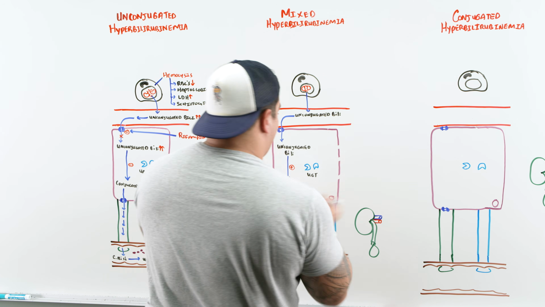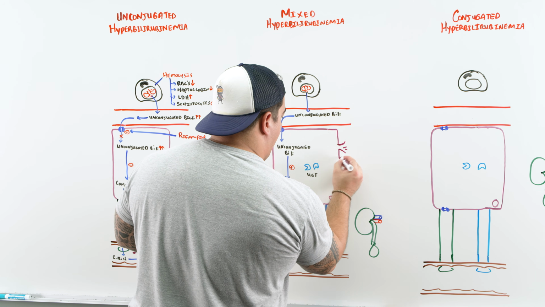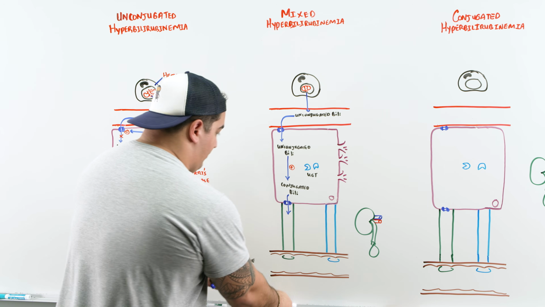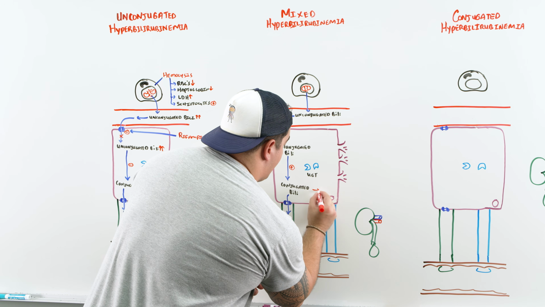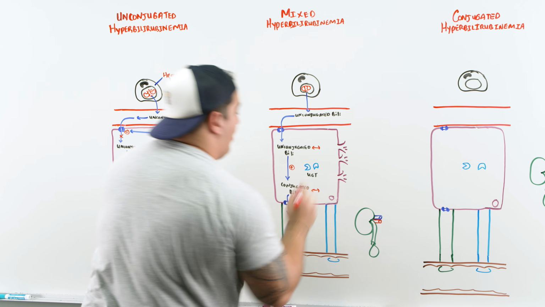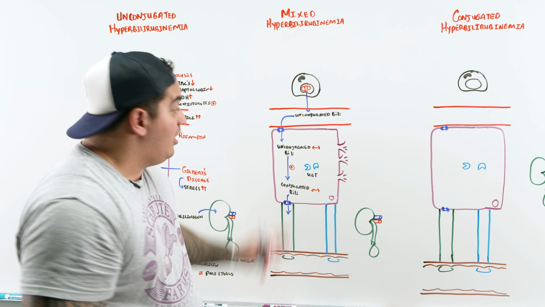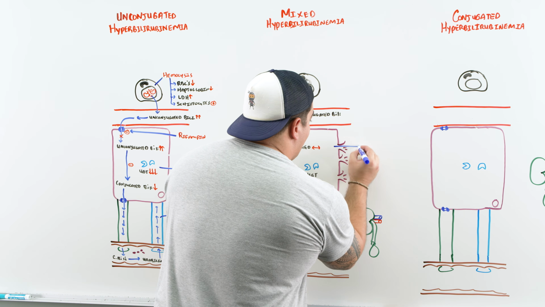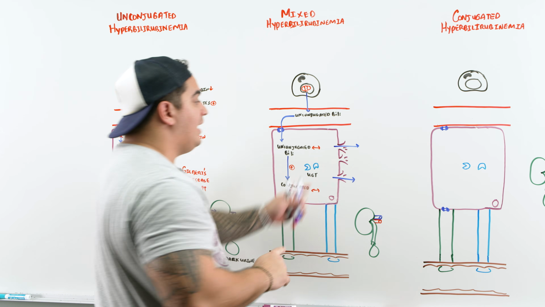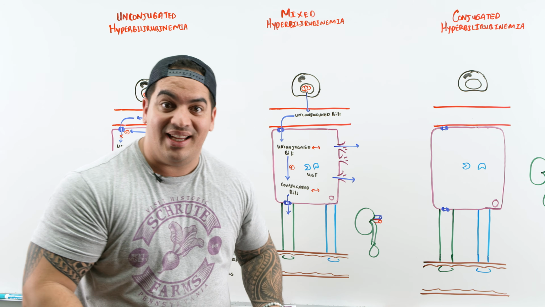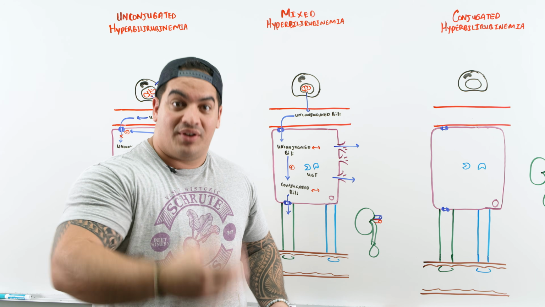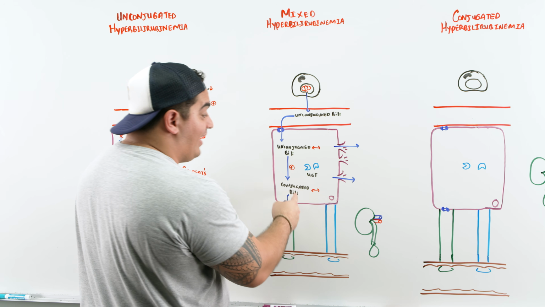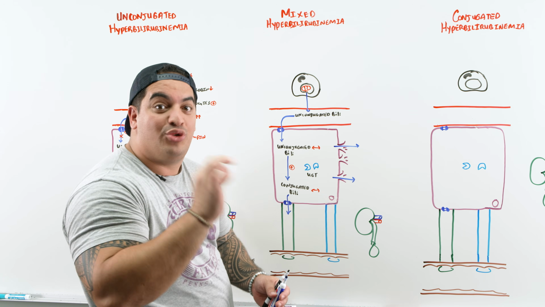And when I bust open this cell, I'm going to release a normal amount of conjugated bili and a normal amount of unconjugated bili. But they're going to leak into the bloodstream. When these leak out into your bloodstream, you'll start seeing over time more and more unconjugated bili and conjugated bili in the bloodstream than you should.